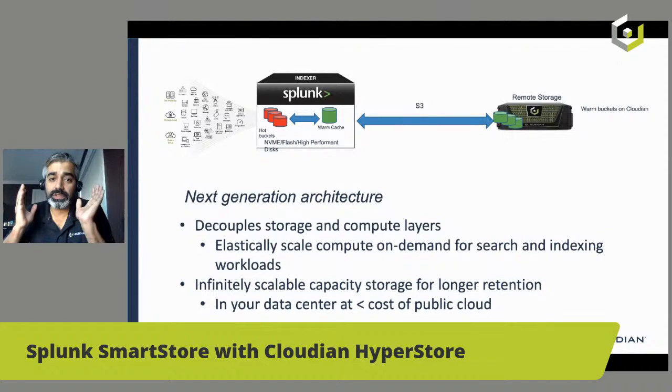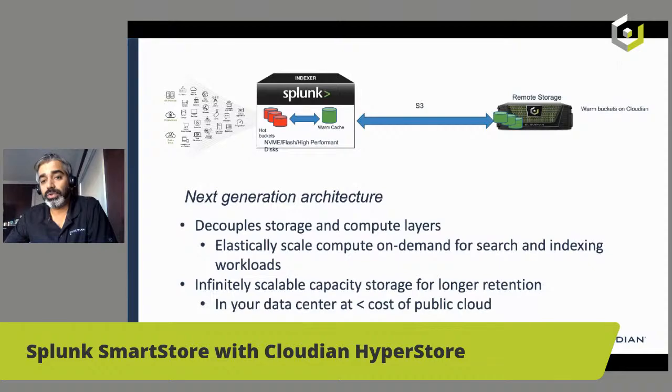Now, as you increase the compute, the only storage that you're adding on the performance tier is the hot buckets and maybe a little bit of SmartStore cache. But the actual storage, the beefy storage, which is on HyperStore, can remain independent.